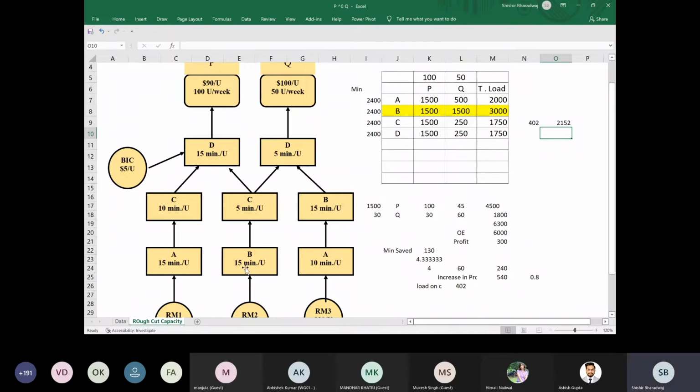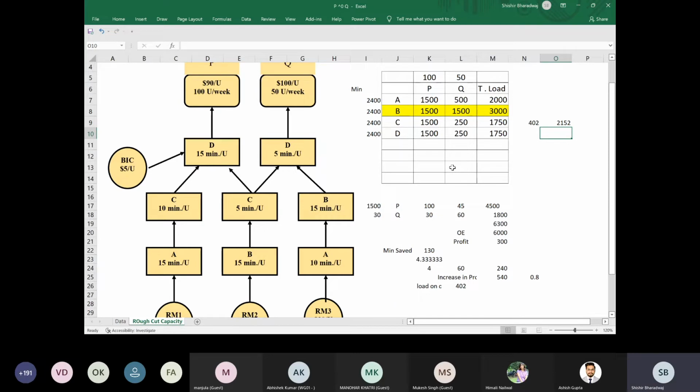In the old world, a machine B, which is 100% utilized, is called a good machine. C will be called a bad machine. Why? Because it is not fully utilized. 2400 minutes of it is not utilized.